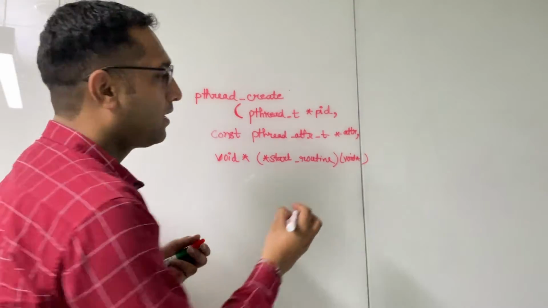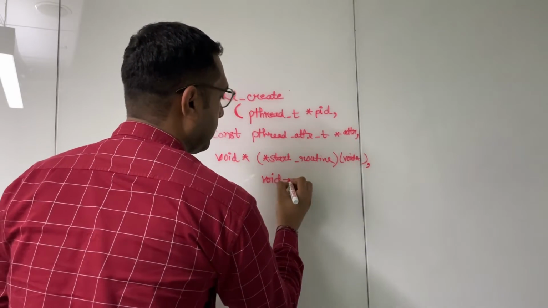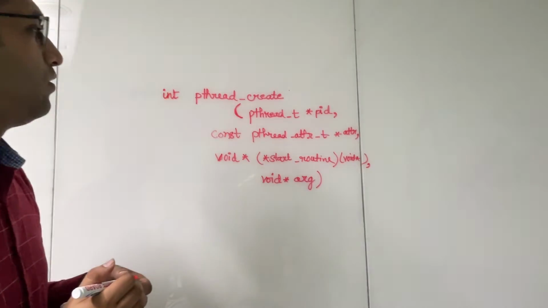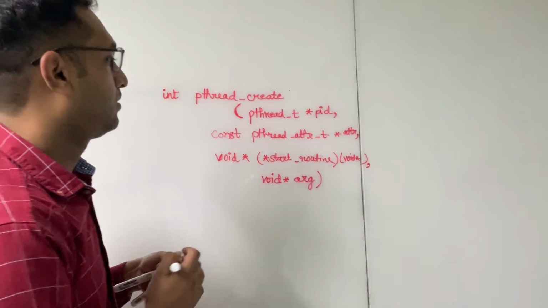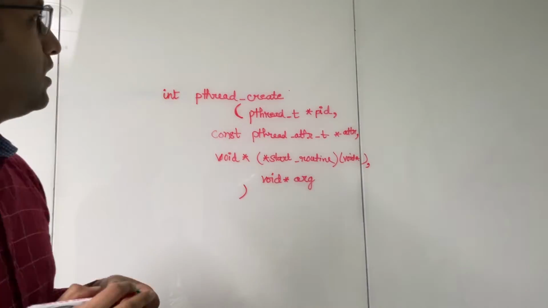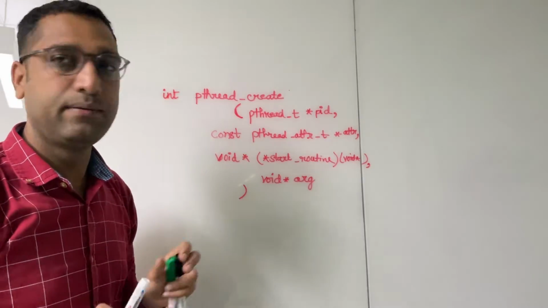And then an argument. If you understand this function call, you understand a lot about the usage. So the pthread library takes 4 different inputs.